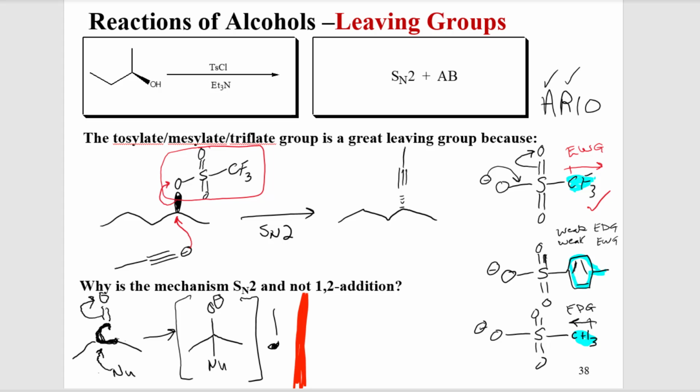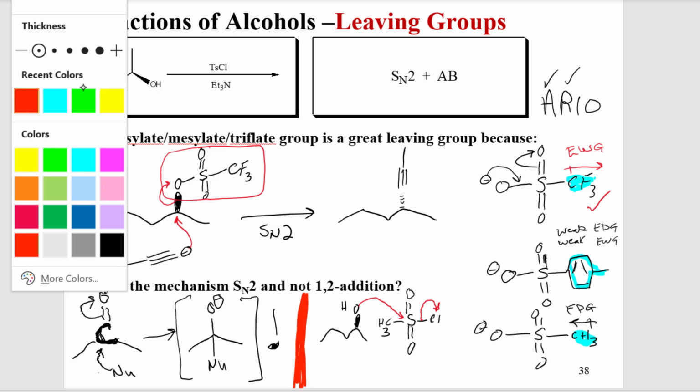So that's why in these reactions, when we had an OH and I was using, let's say, the mesylate, I'm making a mesylate from mesyl chloride, I'm not doing in, up, down, out. I'm allowing you to just skip to the chase. Why?